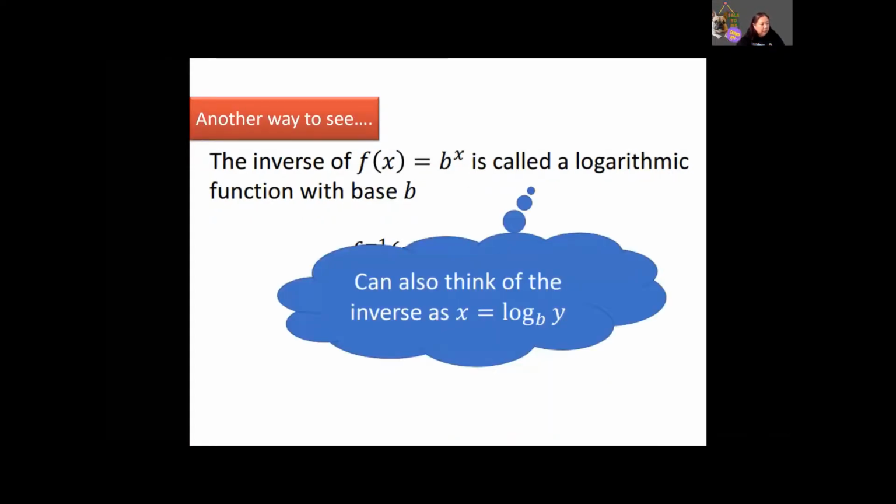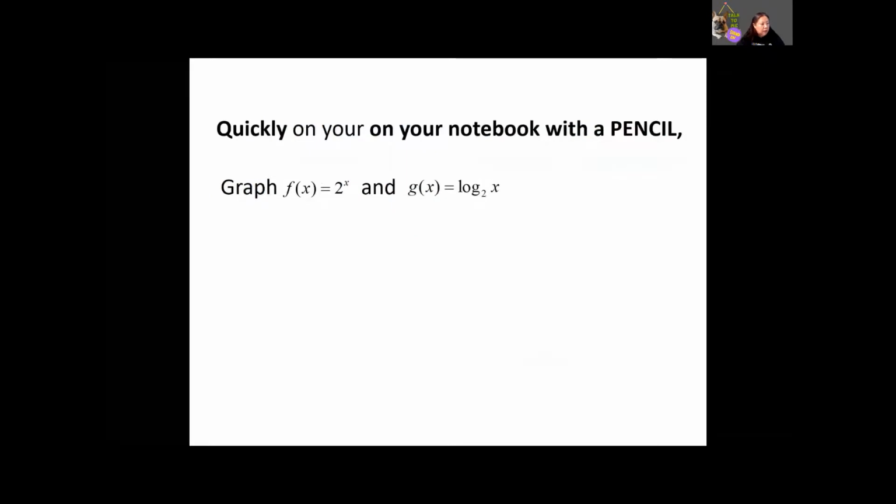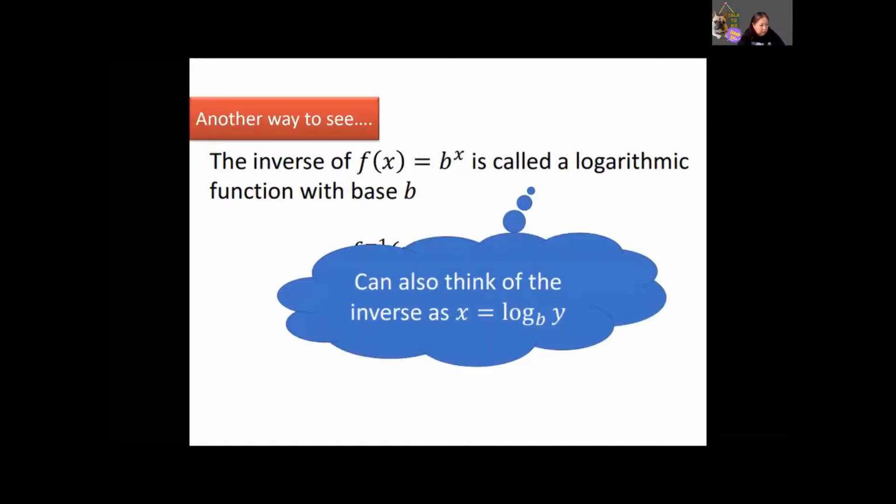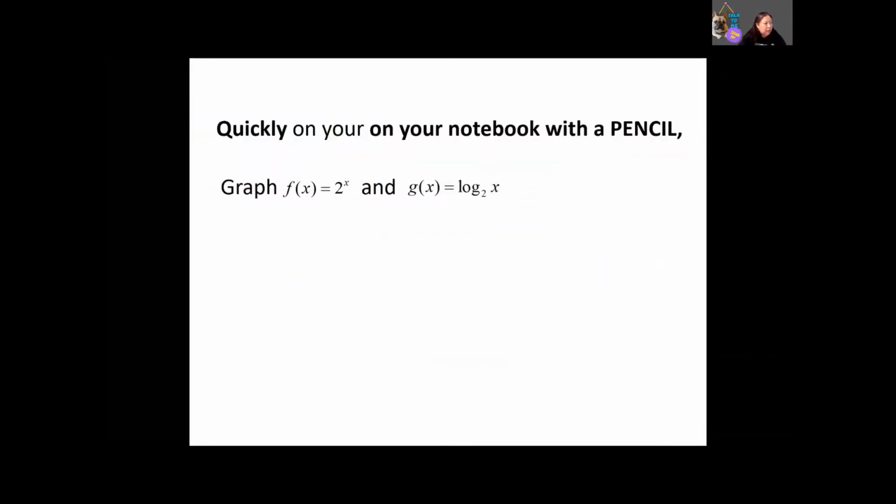So this is still saying the same thing. Let's try this. Let's graph f of x is equal to 2 to the power of x and g of x being log base 2 of x.